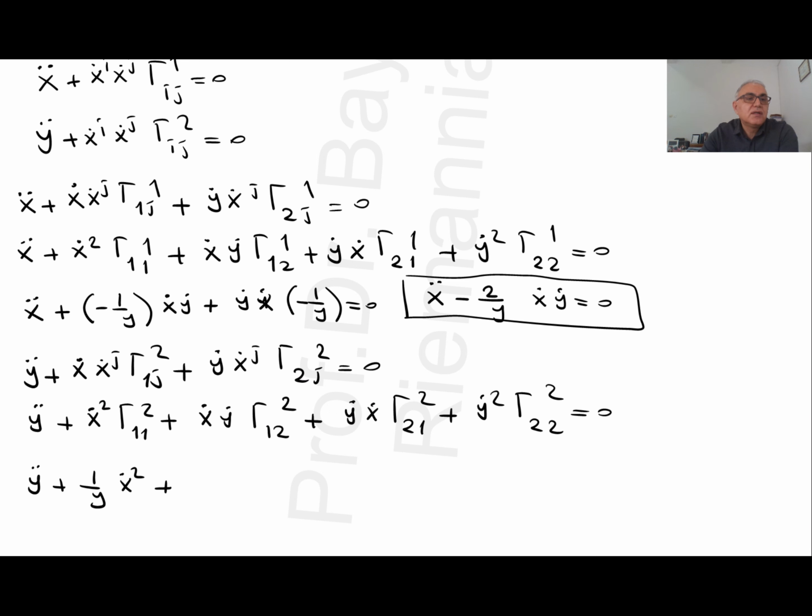So here we have negative 1 over y times y'² equals 0. So we have the second equation: y'' + (1/y)(x'² − y'²) = 0. So this is the second equation.